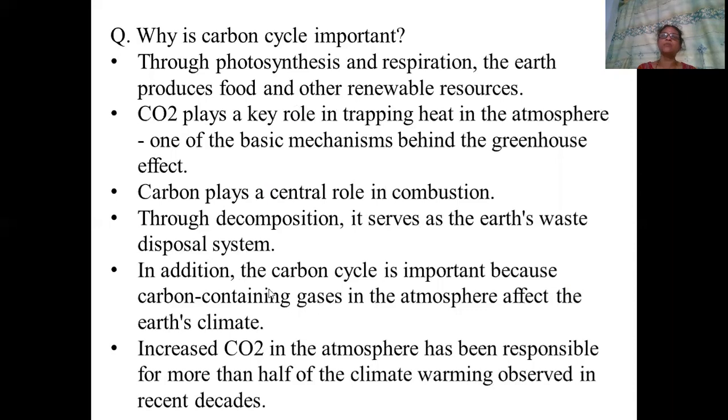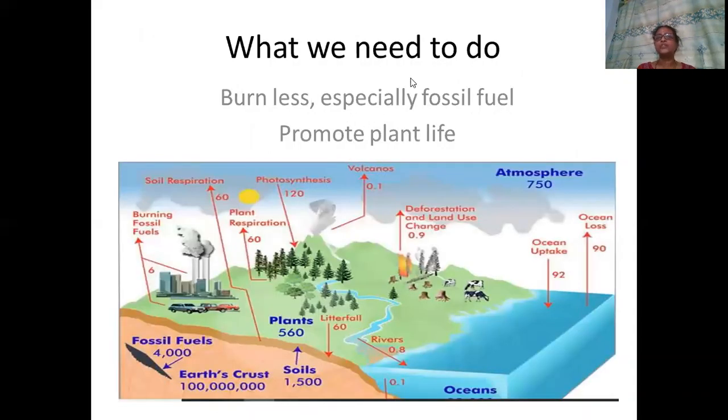We have to learn about this carbon cycle and try to contain the increasing temperature on this earth. What should you do? You have to burn less, especially fossil fuels, and promote plant life. That is, you have to plant more trees. It is the only way through which we can reduce global warming.